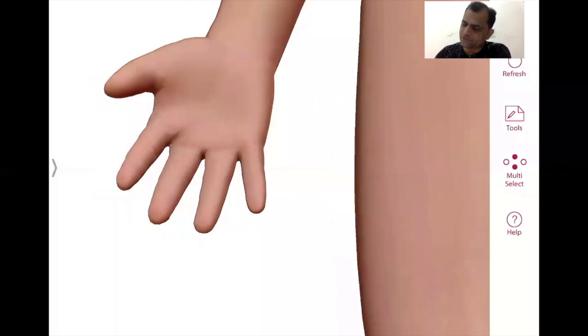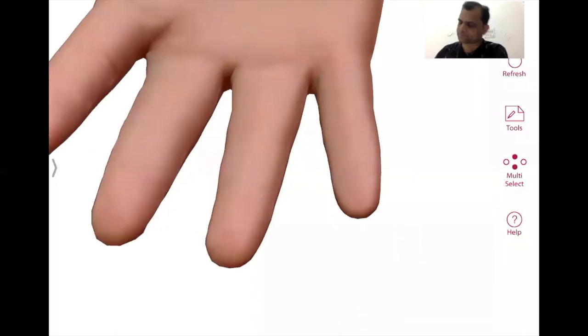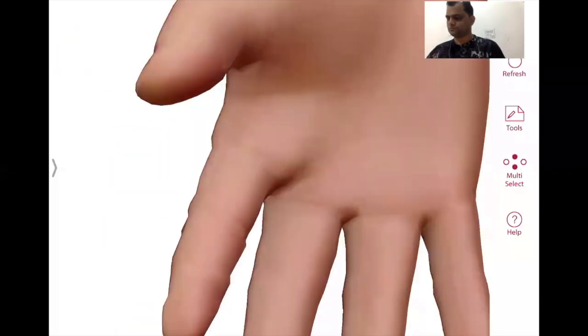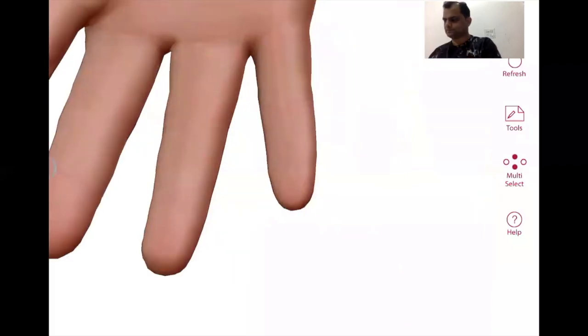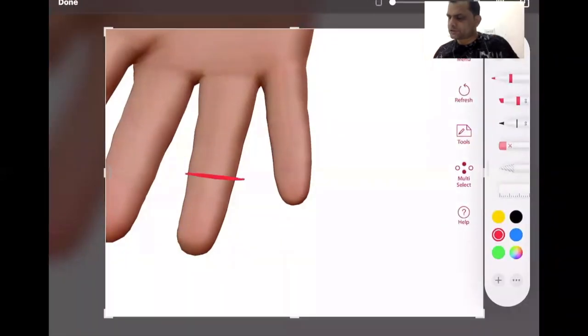So look at the ring finger here. In the ring finger, this is the middle phalanges. And we know inside we have the phalangeal bone.